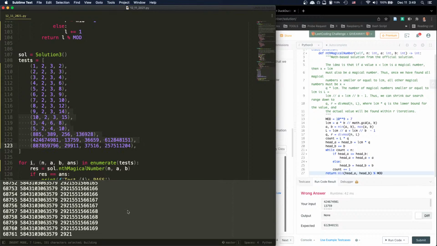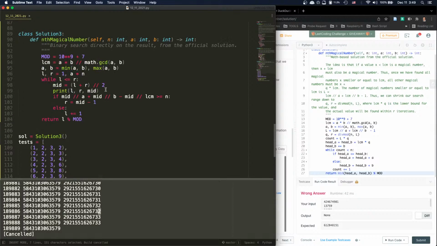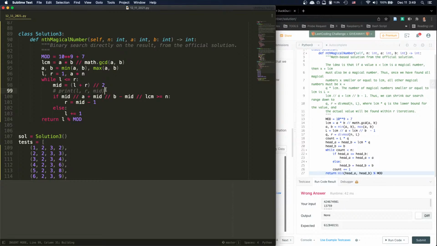Ew, that's ugly. You're not supposed to print anything, man. Nope. What happened?